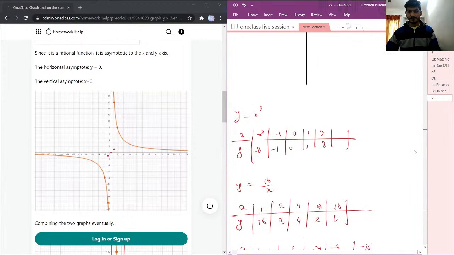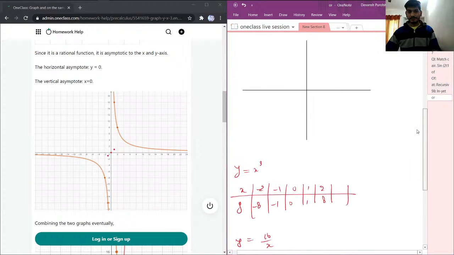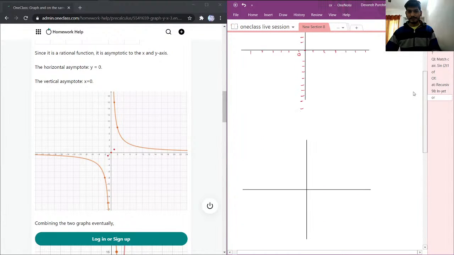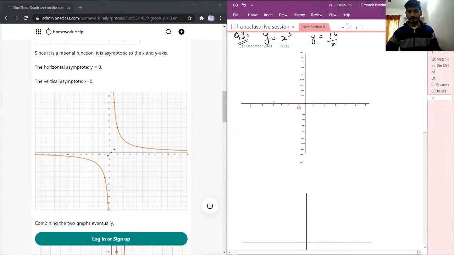So first we'll go for y equal to x cube. So for -2, we have -8. So this is minus 2. We have 1, 4, 5. This is going to be 1 point. Then for minus 1, we have -1.